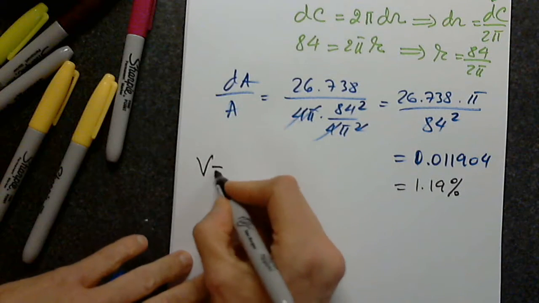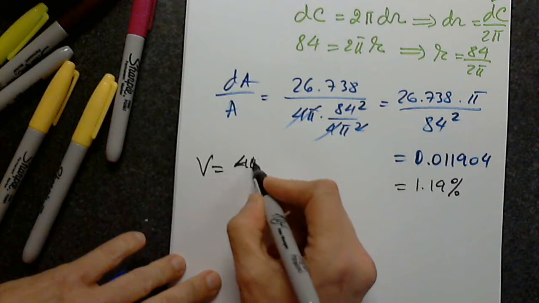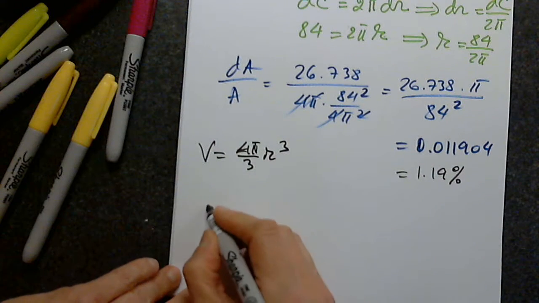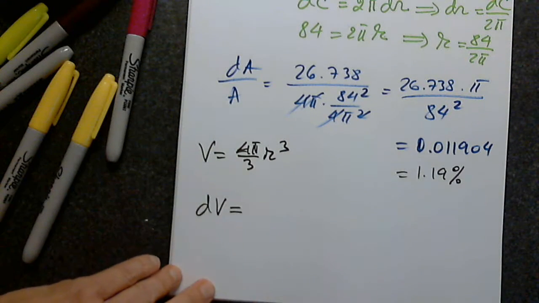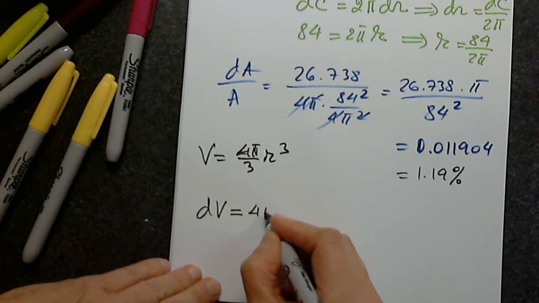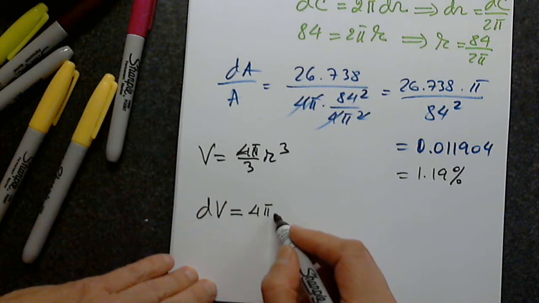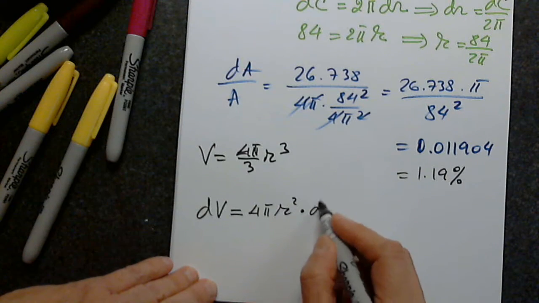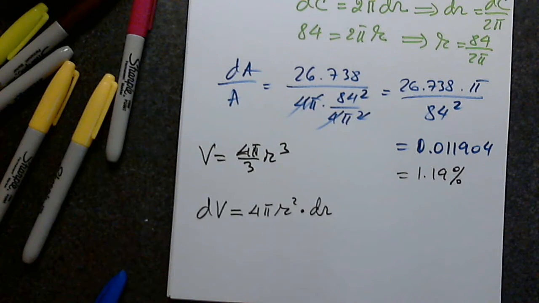So let me write the volume one more time: 4 pi divided by 3 r cubed. So we want to find dV. Just remember, dV is not the same as V prime. dV is V prime times dr. So do not confuse them.